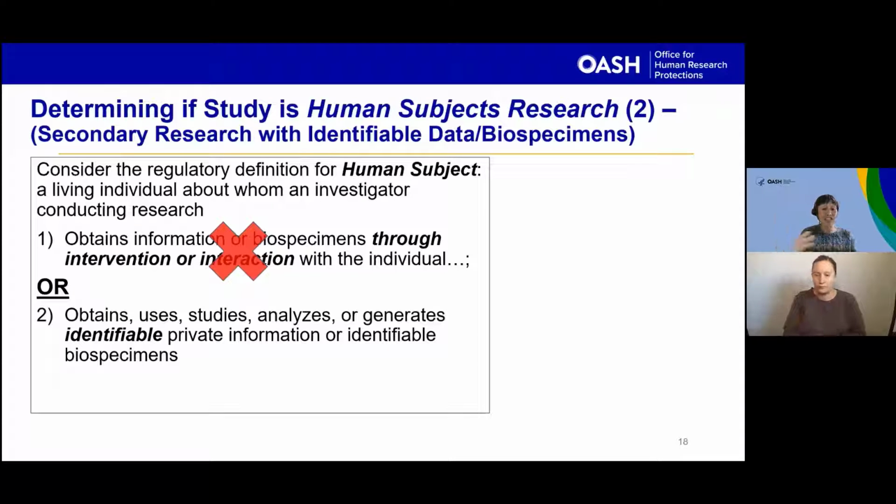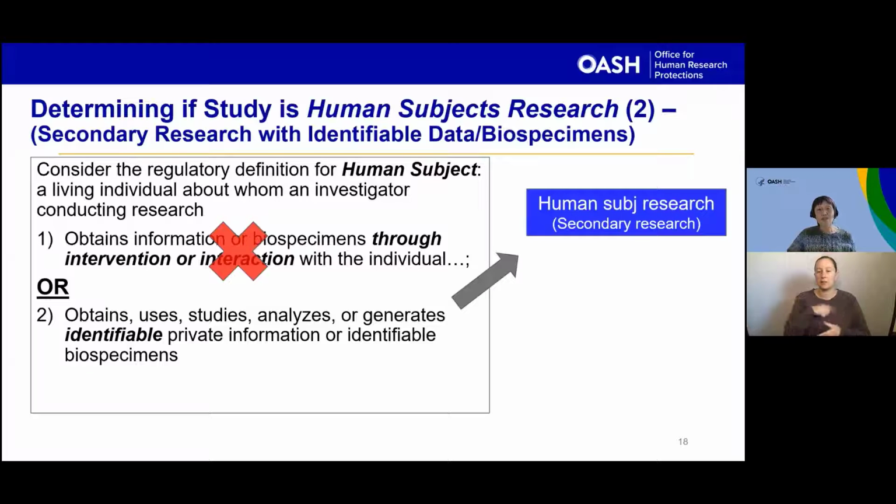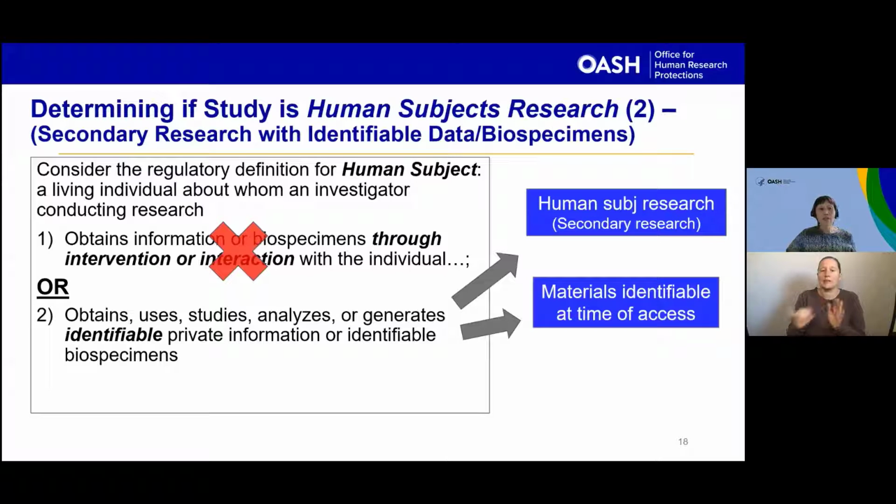So this is the case that we're talking about. Generally, we would call that secondary research. It is human subjects research. It is secondary research. The key word here is identifiable. So the materials are identifiable, at least at the time of access, at some point, particularly at the beginning of that process.